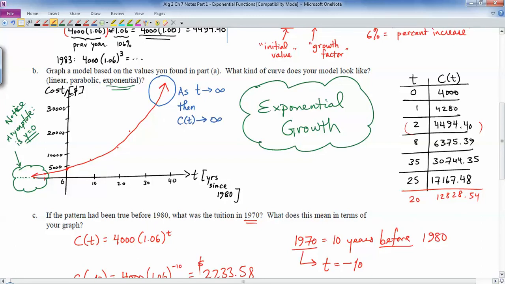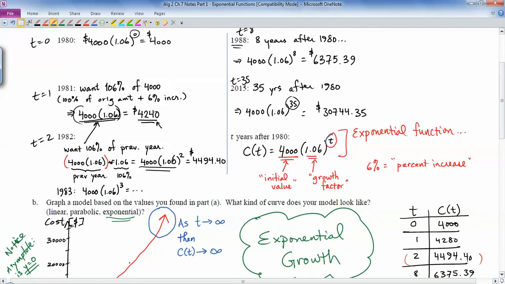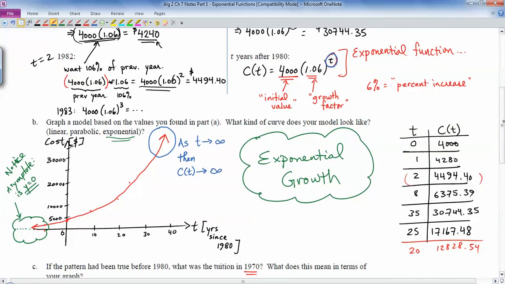That shoots up to infinity as well, right? If you remember that idea. And you can get that by looking at the equation right here. If you plug in like 1 billion for t, you keep multiplying by 1.06. That's not a huge number, but if you multiply by it 1 billion times, this 4,000 gets bigger and bigger and bigger. So that makes sense that it should shoot off to infinity.